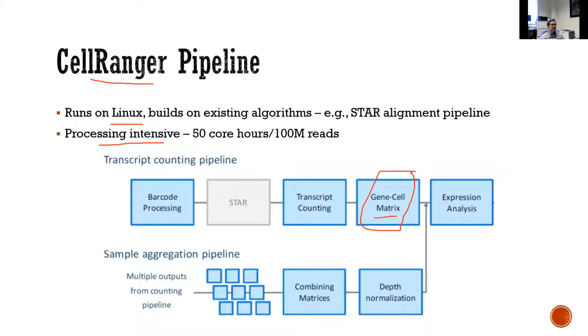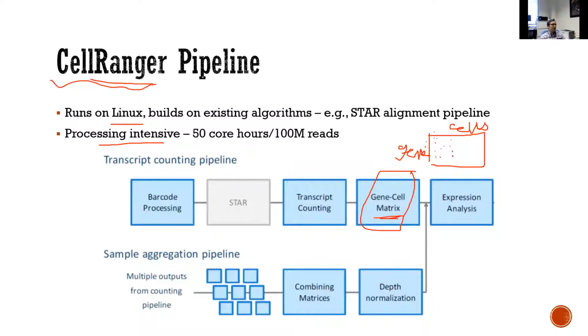That's the end product of this pipeline, a gene cell matrix. So that will be a matrix of genes and the cells. Each element of this matrix is the gene expression of this gene in this cell.